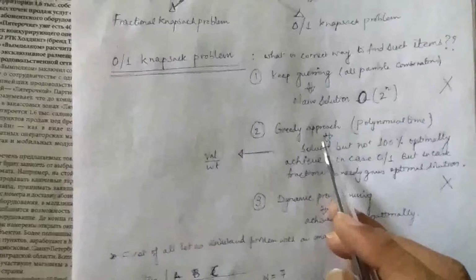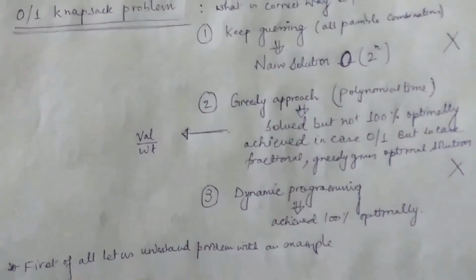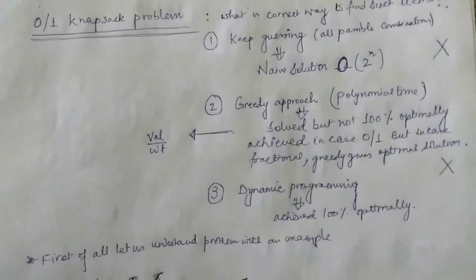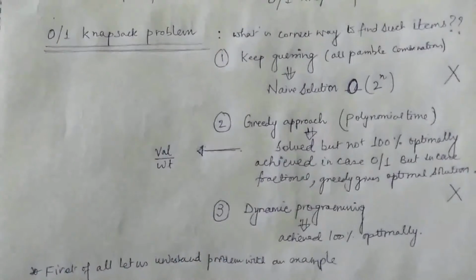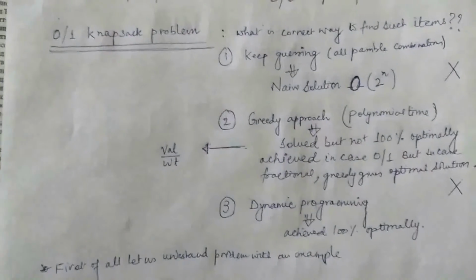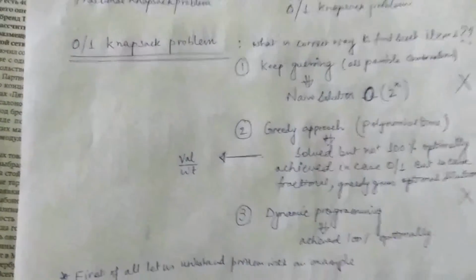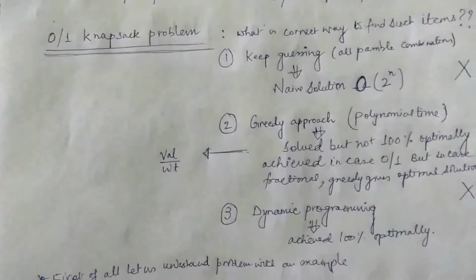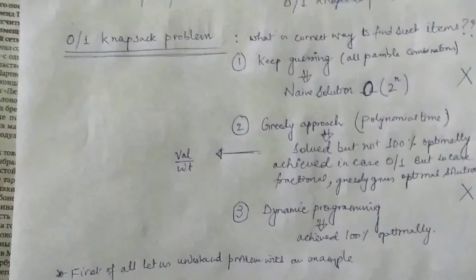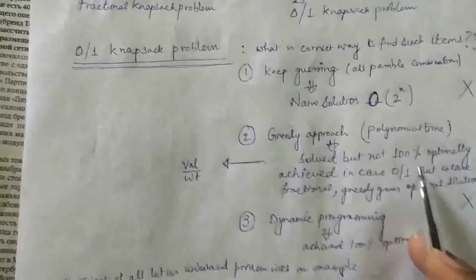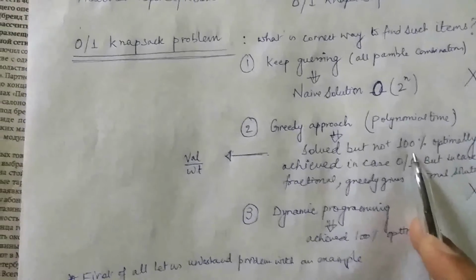Let's take the second approach, which is the greedy approach. Greedy approach will definitely lead to polynomial time complexity, but it will not be 100% optimal. In one case study you can achieve 50% or 70%, but you can't achieve 100%.